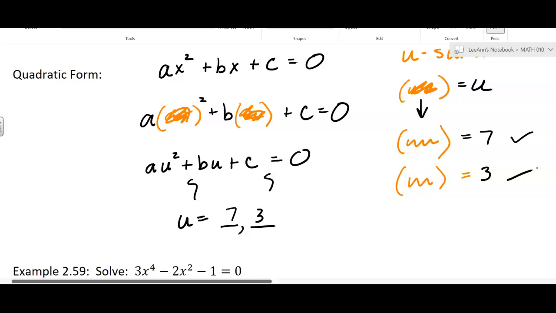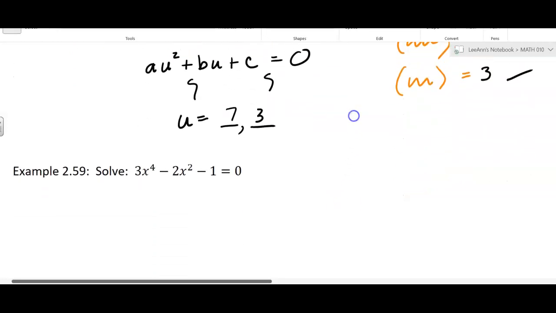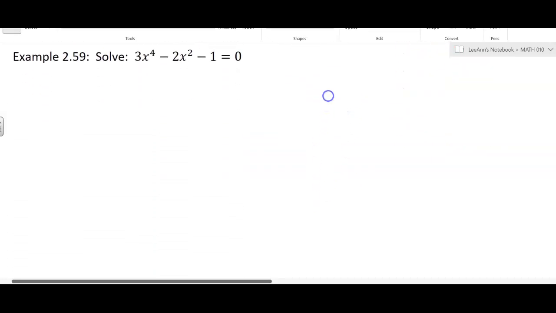All right, so we have an example in this video and then another example after this video. So I have this equation. It's not quadratic because it's a 4th degree equation, but I could let that x squared equal u right here. You go by the middle term.